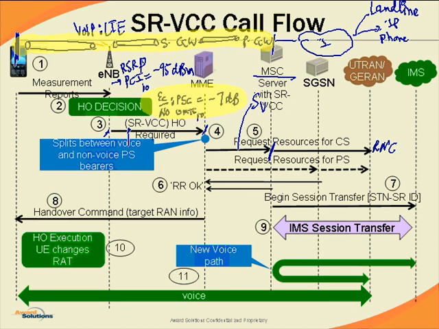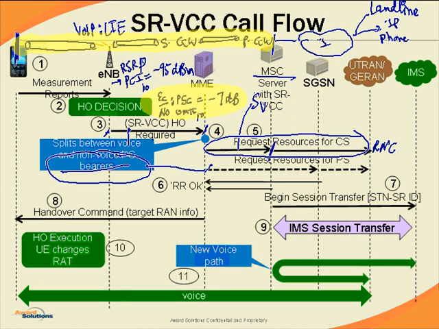So it knows that this UE is going to UMTS and we can do voice and data simultaneously, concurrently, in UMTS. So then it could split the voice and non-voice bearers. The voice bearer would correspond to the circuit switch resource request, and for the data packet switch EPS bearer, it would have to work with the SGSN, and SGSN would have to ask RNC if resources are available.